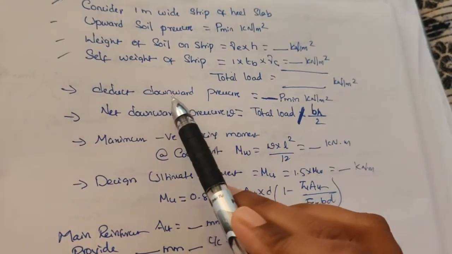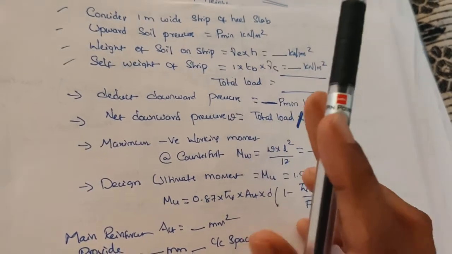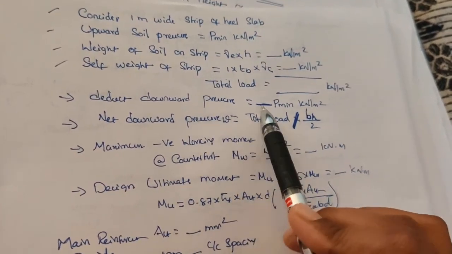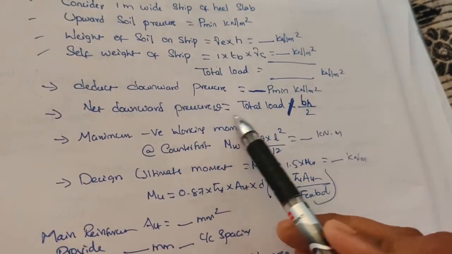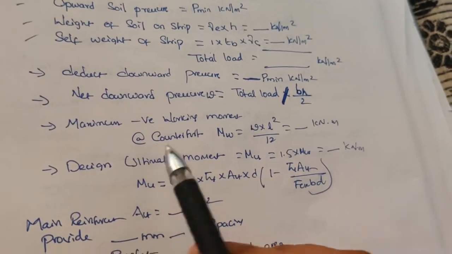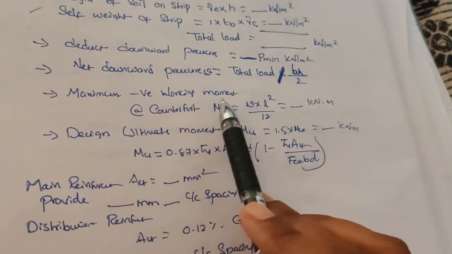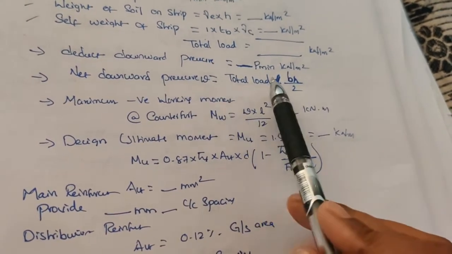After finding this one, the upward soil pressure is positive, and the downward pressure will be minus P minimum. So the net downward pressure W is equal to total load by B, H by 2. This is the formula. From this one you will find the maximum negative working moment, MW is equal to W into L square by 12.